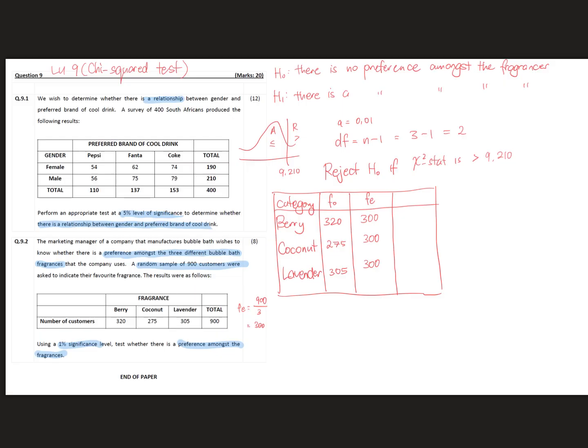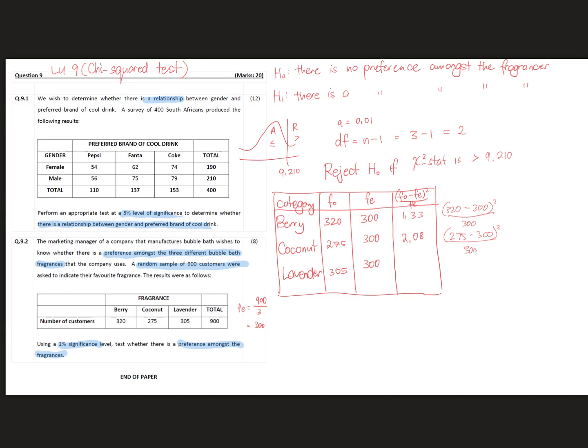And then in the last column, it's FO minus FE squared over FE. So for the first one, remember, it's 320 minus 300 squared over 300. So this would be 1.33, 2 decimal places always. Then the next one would be 275 minus 300 squared over 300, and that's 2.08.